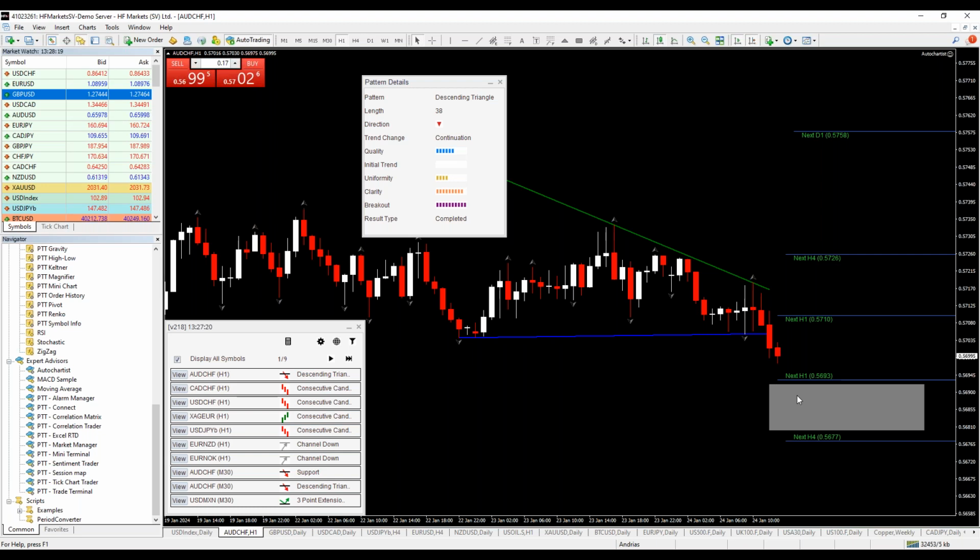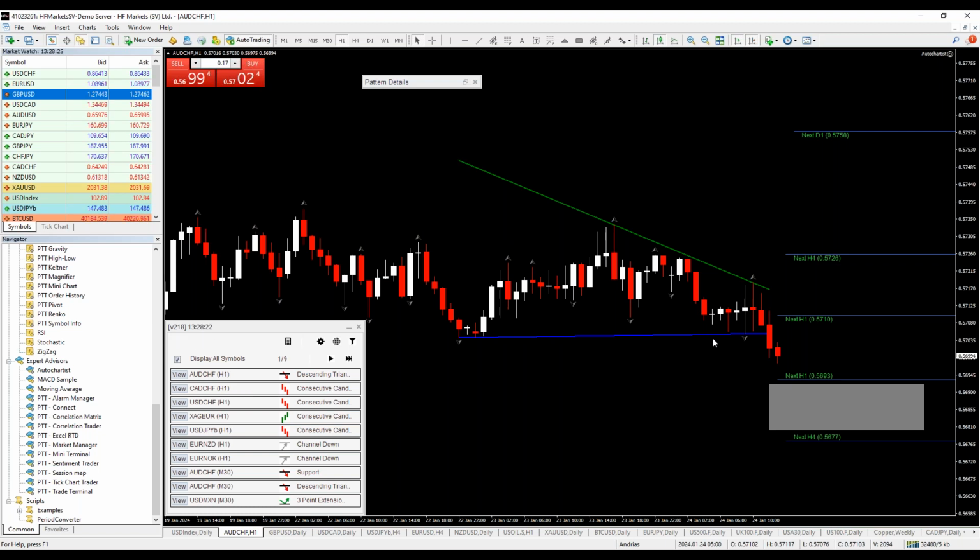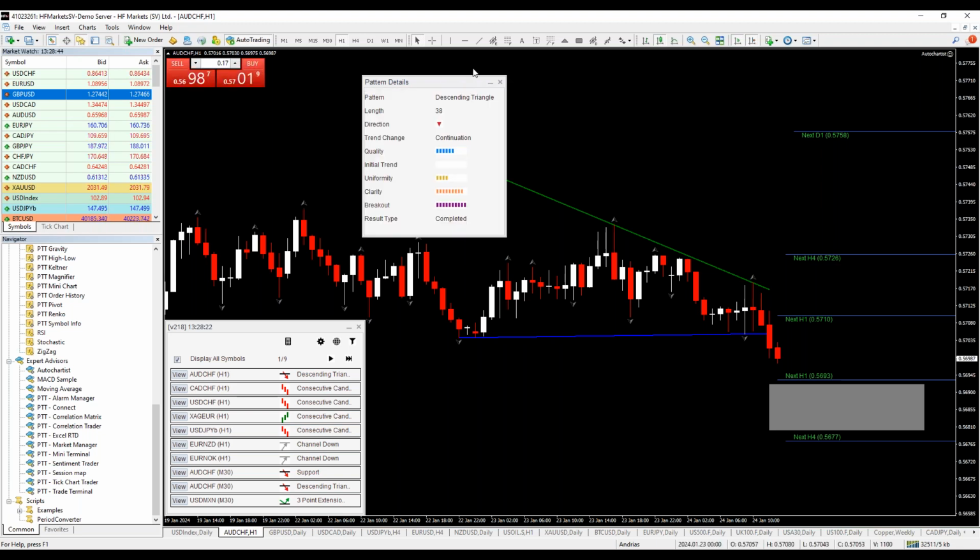It's telling us that it broke the descending triangle, a bearish signal, with the asset expected to reach 0.5690 to 0.5680 territory.